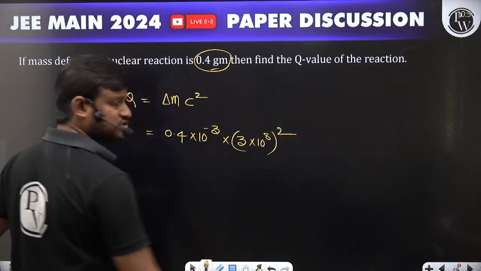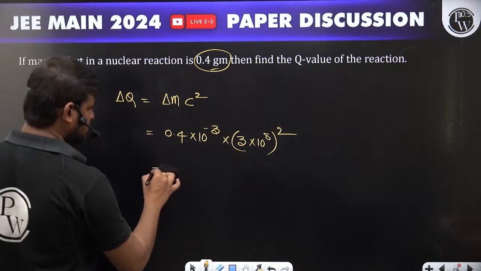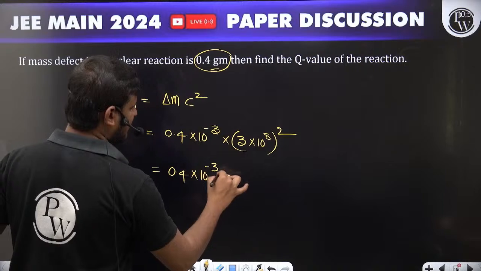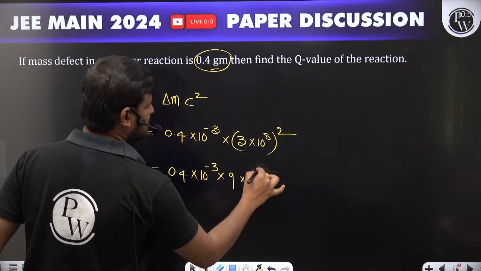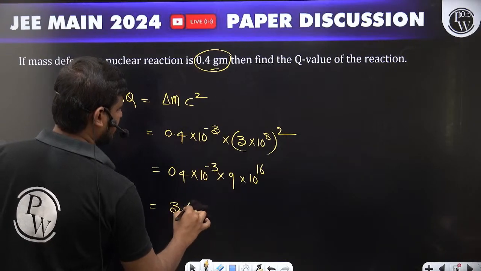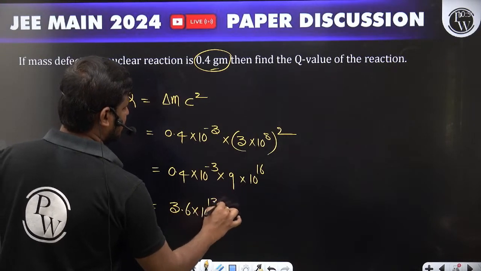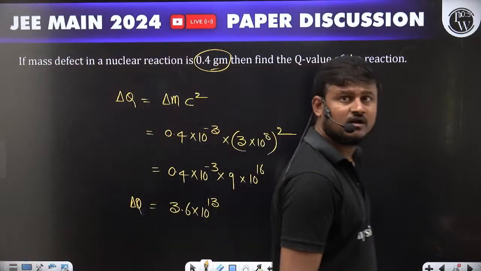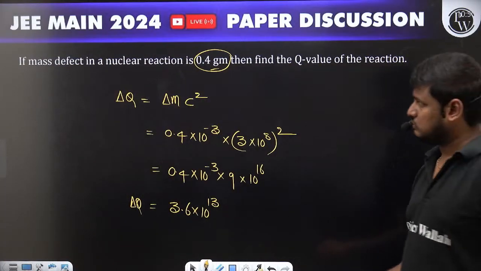Direct formula based question. So 0.4 into 10 to the power minus 3 into 9 into 10 to the power 16 comes out to be 3.6 into 10 to the power 13. So this is delta Q. Clear?